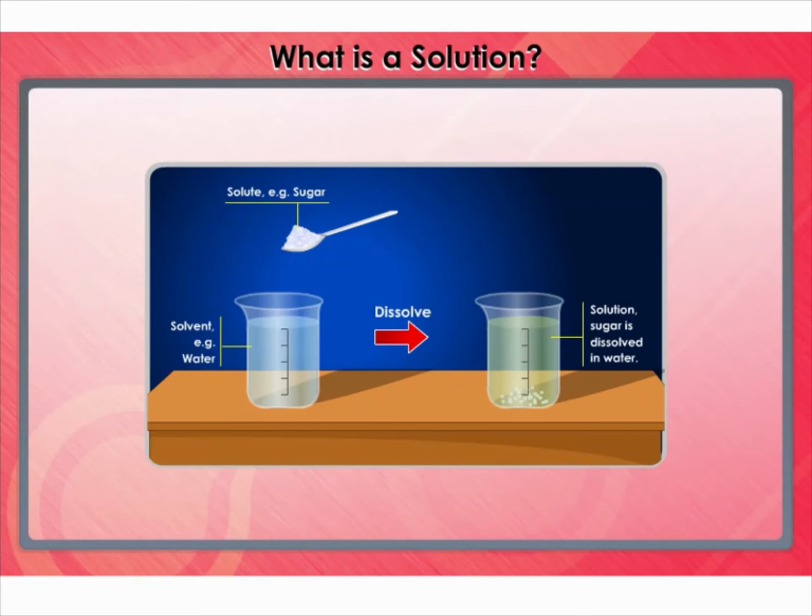A solution has a solvent and a solute as its components. The component of the solution that dissolves the other component in it, usually the component present in larger amount, is called the solvent. The component of the solution that is dissolved in the solvent, usually present in a lesser quantity, is called the solute.